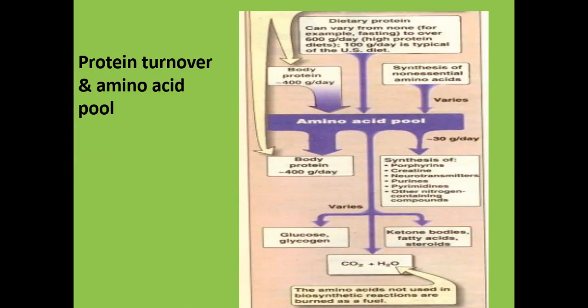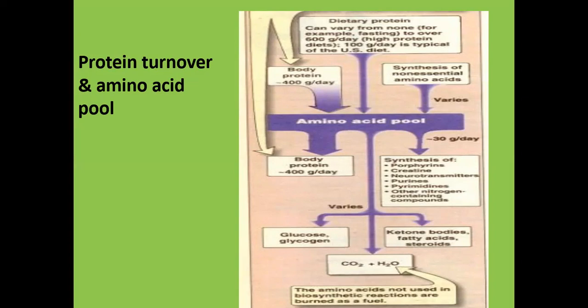Because a number of pathological diseases, such as certain forms of Parkinson's disease and Huntington's disease, are associated with protein aggregation. So we say most proteins in the body are constantly being synthesized and then degraded, permitting the removal of abnormal or unneeded proteins.